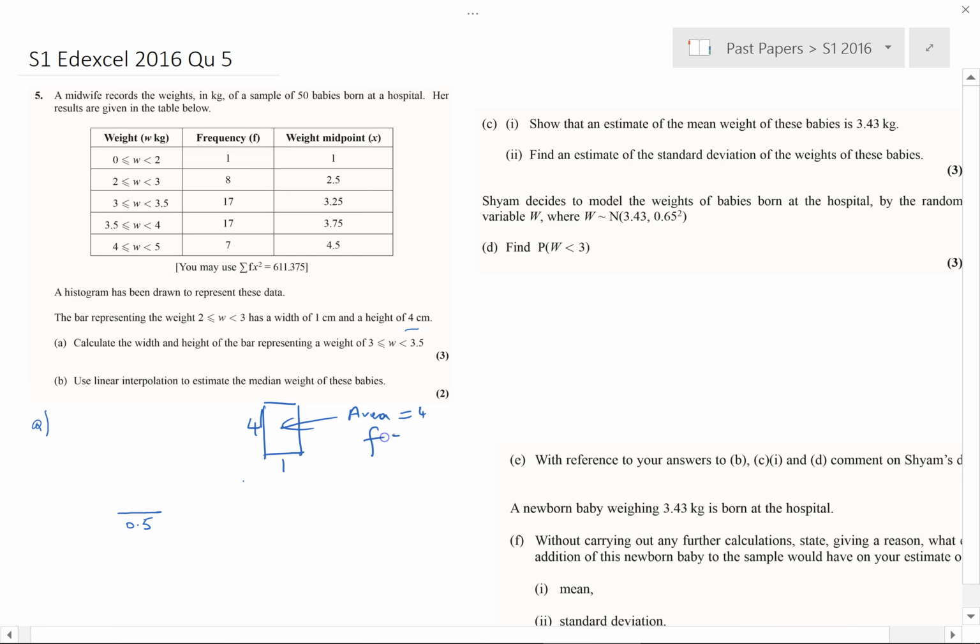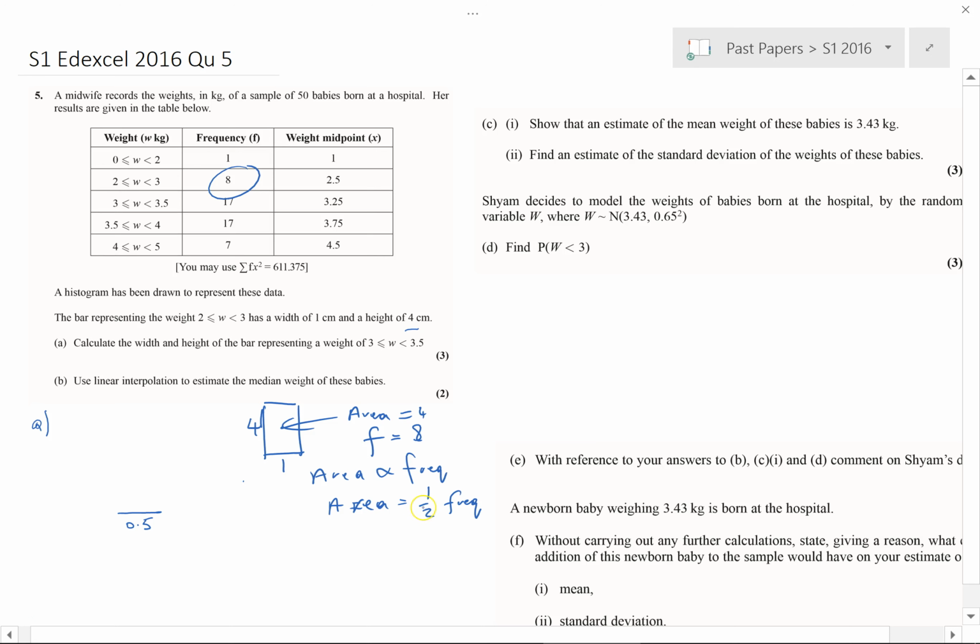But we know that the frequency is 8, and area is proportional to frequency. That's how a histogram works. So in this case we can say, in general, the area equals half times the frequency, or frequency is double the area.